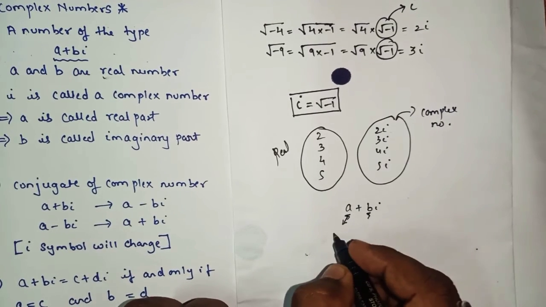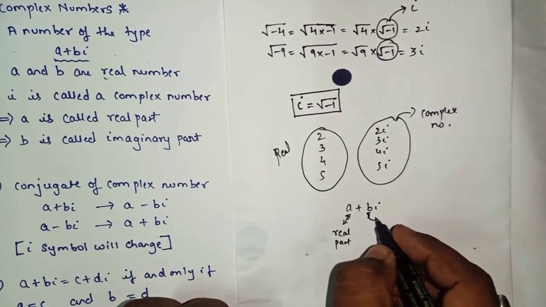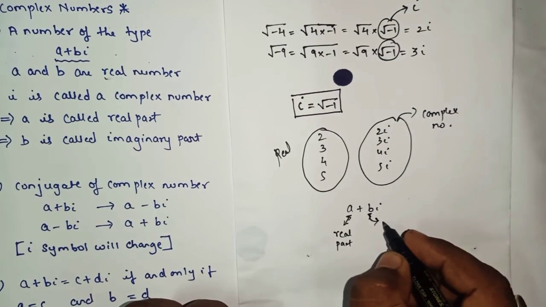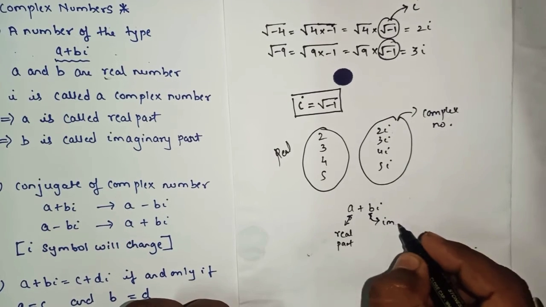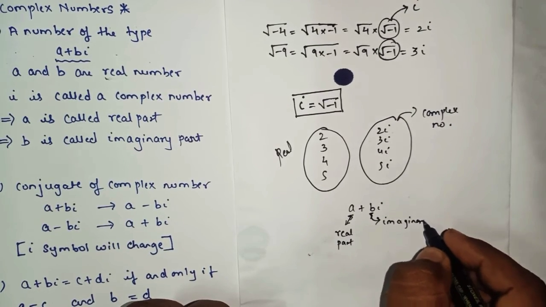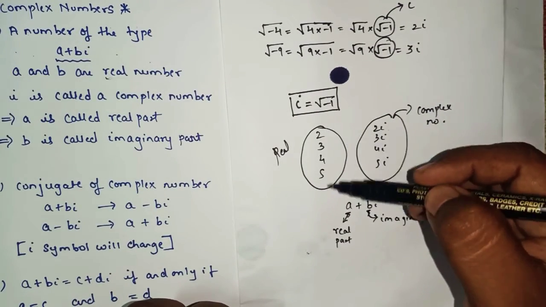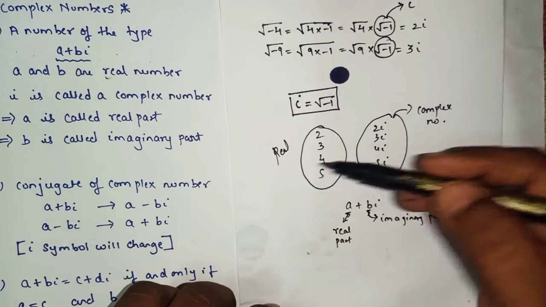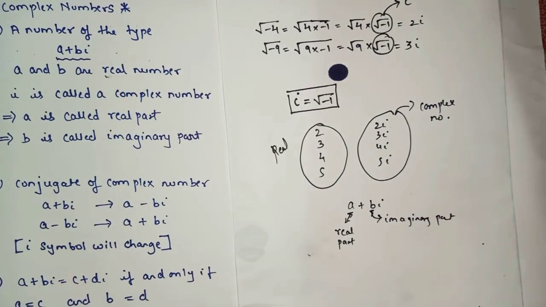It is without I, so we can say this is the real part. And this B, it is with I, so here bi, this B is with I, so we can say this B is what? Imaginary part. So that only I had explained here. Number without I is the real, number with I is known as what? Imaginary, that means the complex part. Okay, imaginary part we can say.